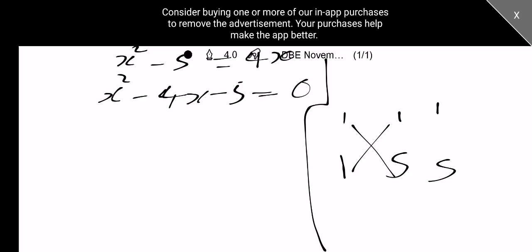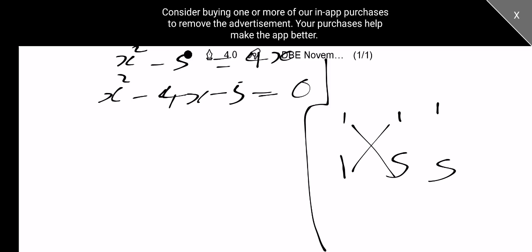I'm also going to share another tip here. Let's look at the sign of the last term, the constant. It's negative 5. It already tells us that our factors are going to carry 2 different signs. One factor is going to have a negative, another a positive.